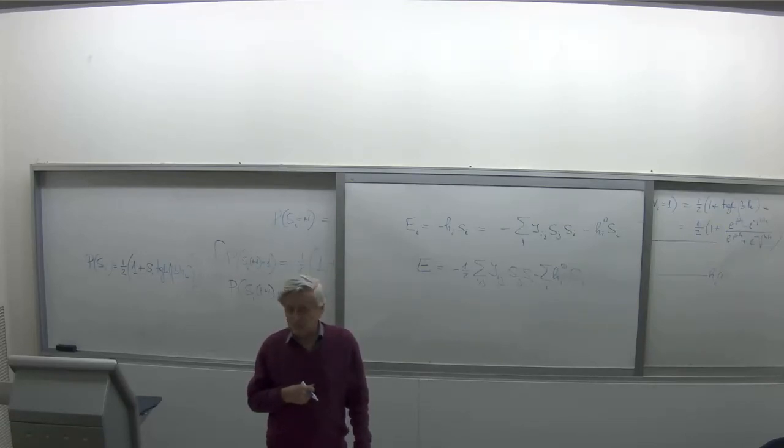What happens to the energy? One of the spins changes itself. And that we'll do after the break, and draw some conclusions from the result for what we are doing. Any questions before the break on that?